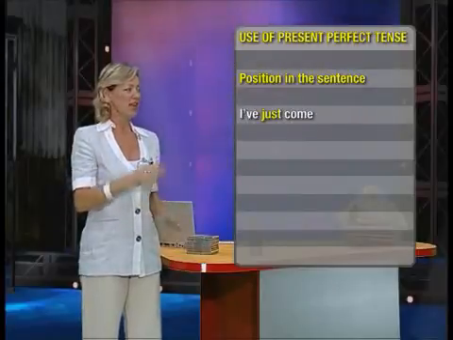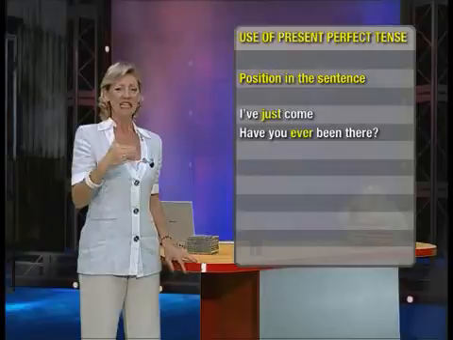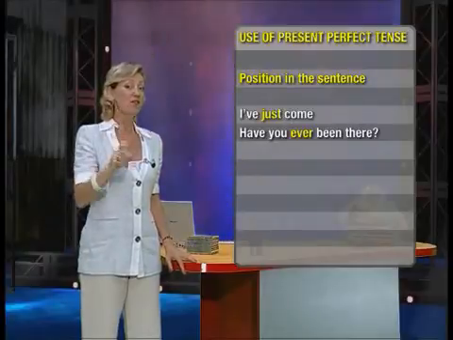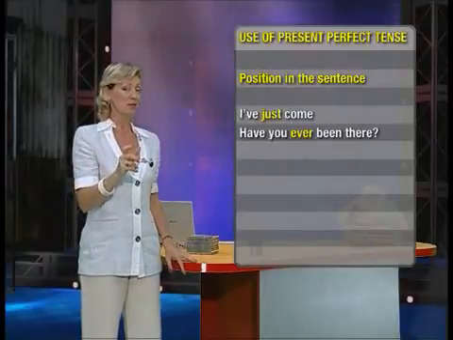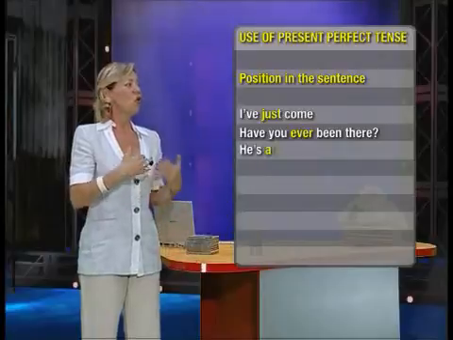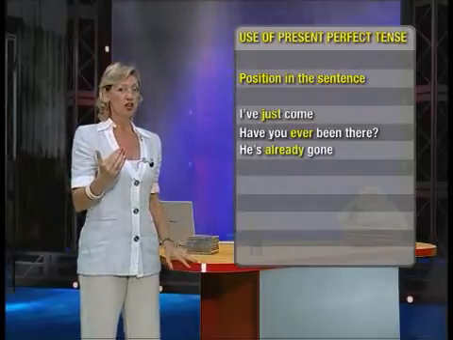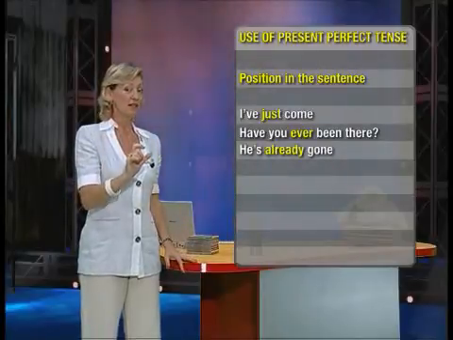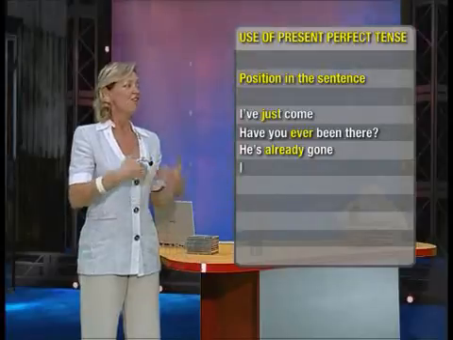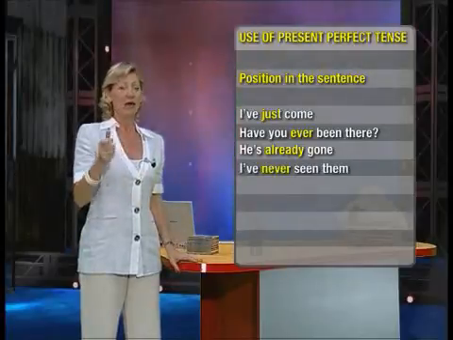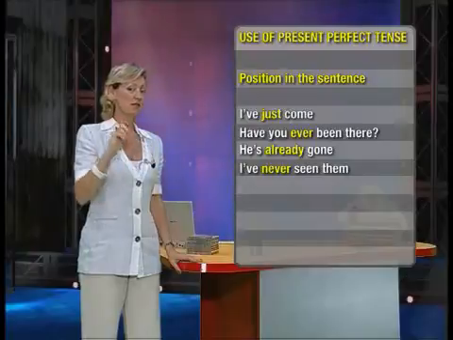Second example, have you ever been there? Ever is before the past participle. Great. He's already gone. It's before the past participle. And I've never seen them, before the past participle seen.